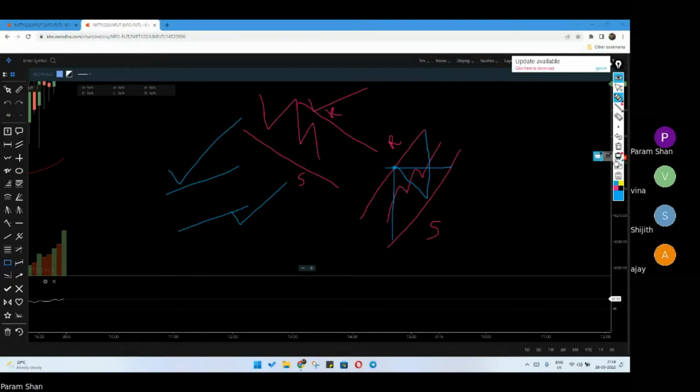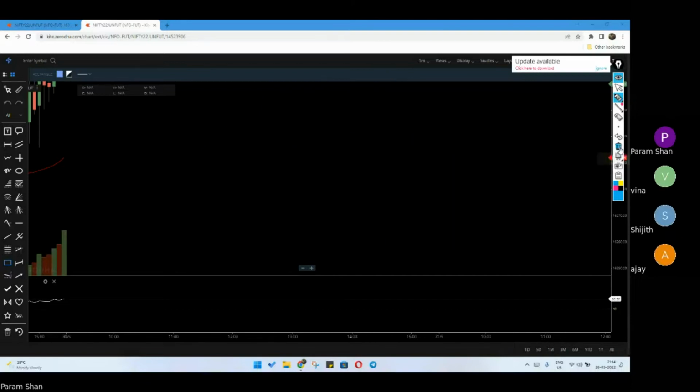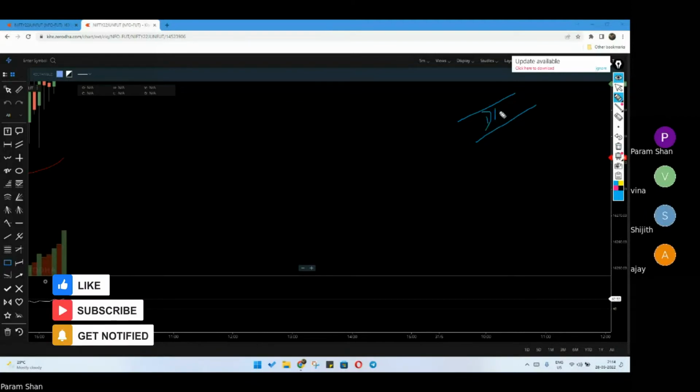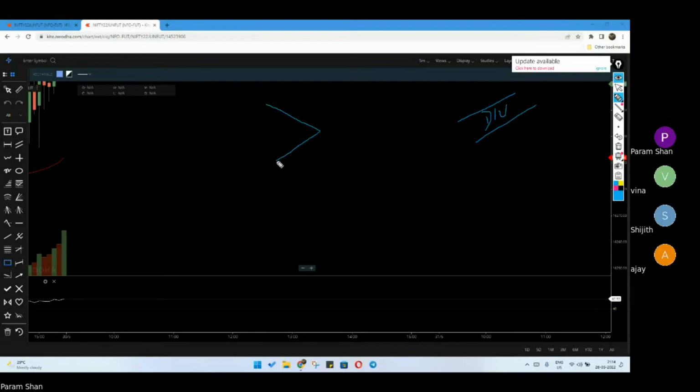So one is the trend lines, which can be either downside or upside. The next one is called symmetric triangle. The next one is called ascending triangle, and the next one is called descending triangle. So this is 1, this is 2, this is 3, this is 4.